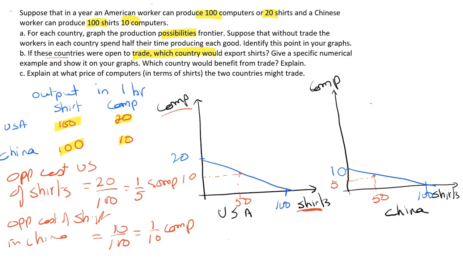So right off the bat, we can see that the US has a higher opportunity cost of shirts. In other words, China has a lower opportunity cost of shirts. They give up fewer computers, they give up 0.1 computers, whereas the US gives up 0.2 computers. So China will have a comparative advantage in the production of shirts.